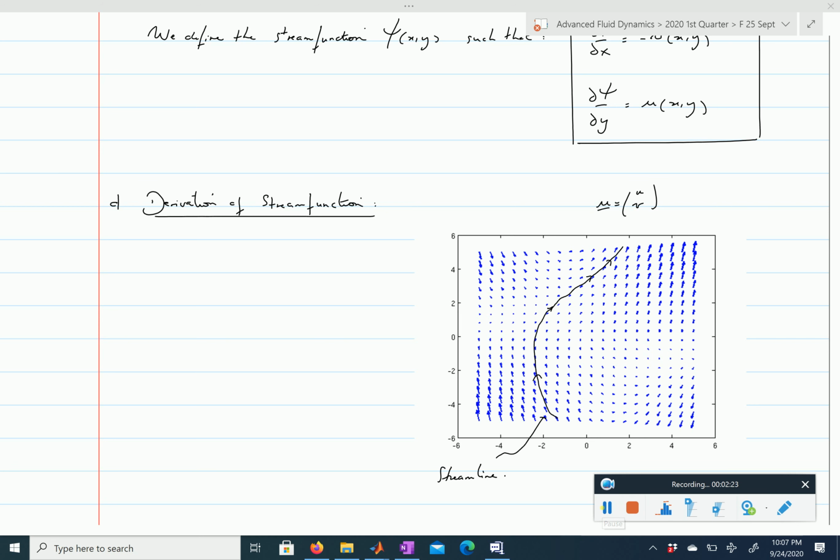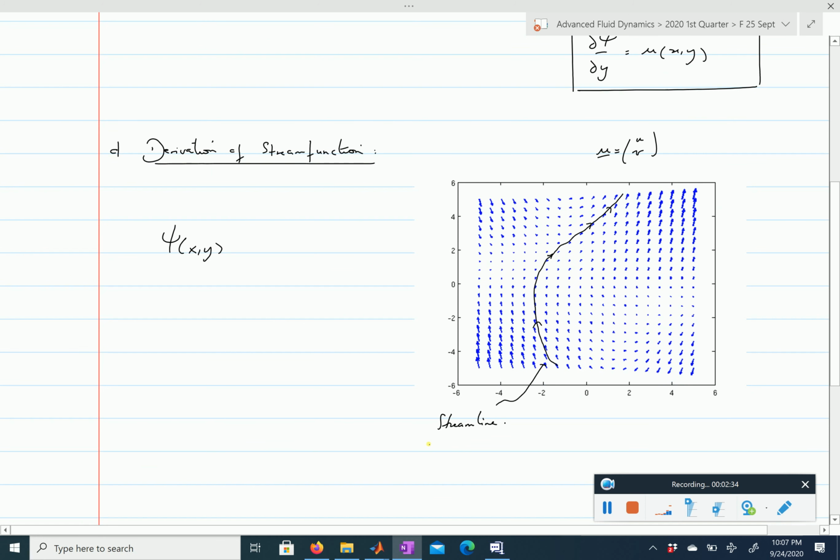And so if that was a stream function associated with this vector field, then along this streamline I would have that psi of x and y is equal to a constant for every single streamline. So for this one as well, that would be for constant 1.